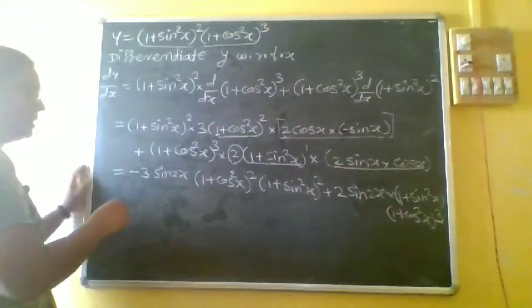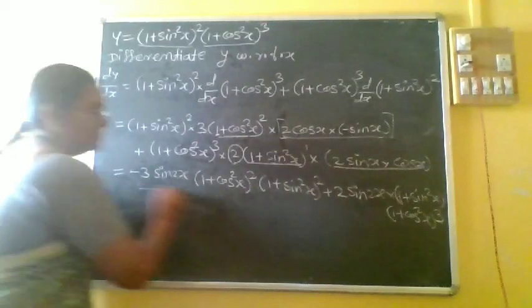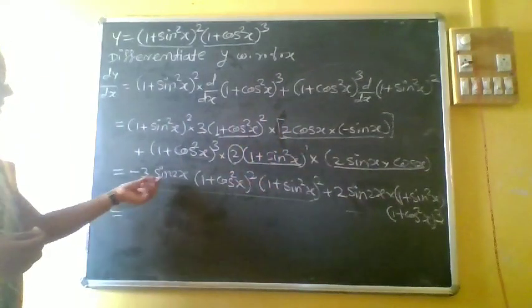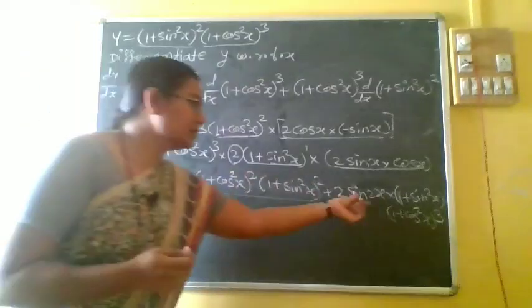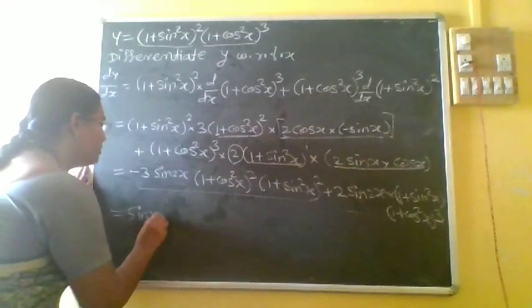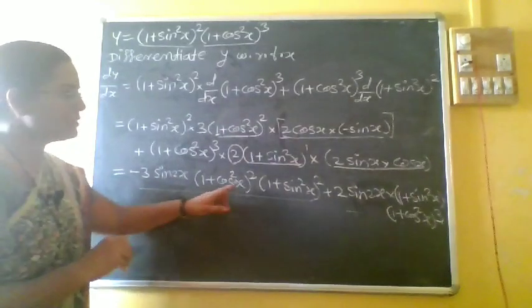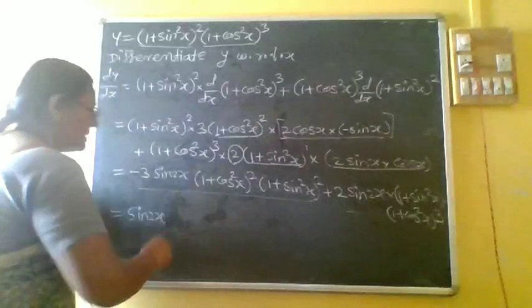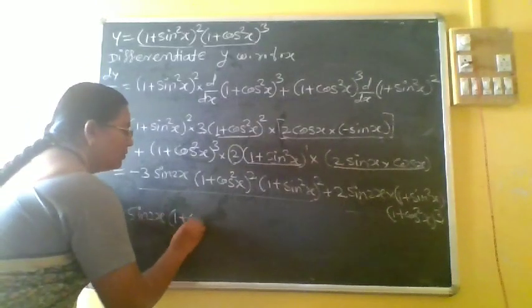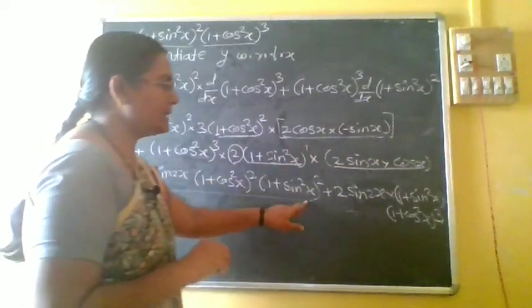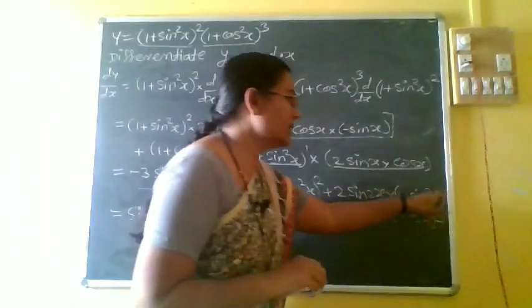Okay. And from this first and second terms, we have to take common terms. Sin 2x common from these two. (1 plus cos square x) bracket square common, and here cube, times bracket square. (1 plus sin square x) bracket square, 1 plus sin square x raised to 1.